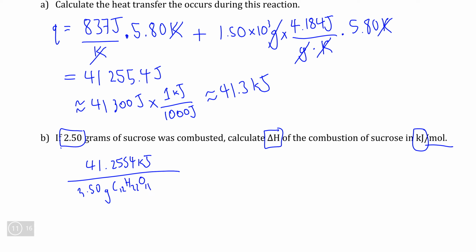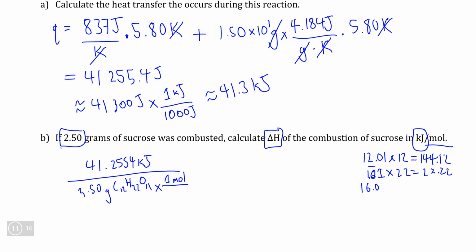C12H22O11. And of course, we need to divide this by the molar mass of sucrose in order to find out what this number is. So if you go to your periodic table, or if you just remember what the molar mass of carbon, oxygen, and hydrogen are, molar mass of carbon, 12.01 times 12, comes to 144.12. Molar mass of hydrogen is 1.01 times 22, is a very convenient 22.22.